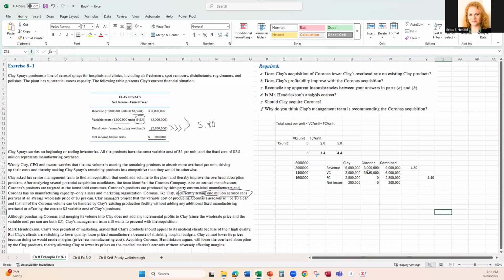Now, if they bought another company that was not selling them for the same price that they would need just to cover their variable costs, so if they could get a higher price than that with whatever company they combined, then they could make that company just break even and shift some of those fixed costs over, and it would show more profitability.